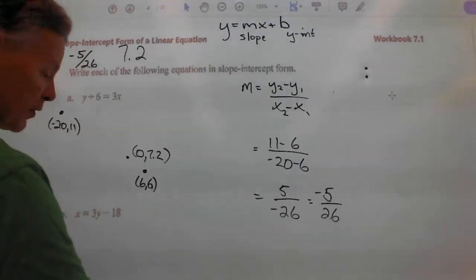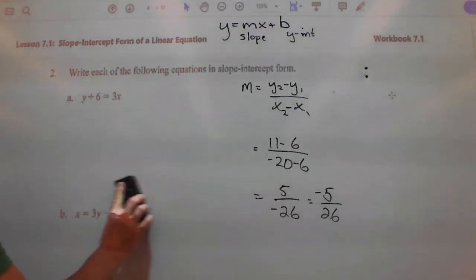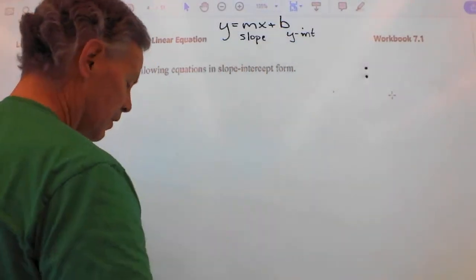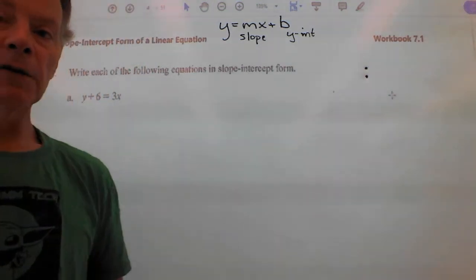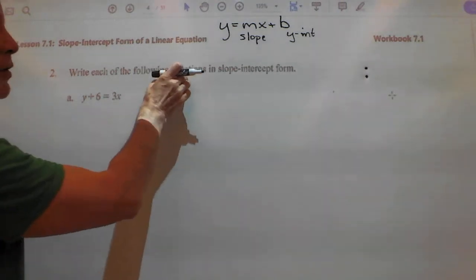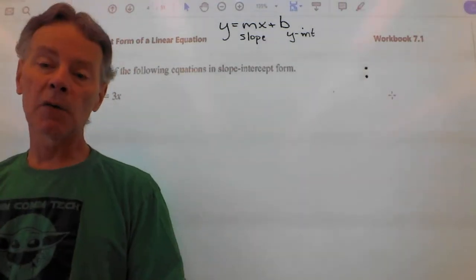Now, this next question, question 2, says, write the following equations in slope-intercept form. And remember, slope-intercept form is this one up here, y equals mx plus b, which basically means whenever you're asked to write an equation in slope-intercept form, what they're really saying is isolate y.